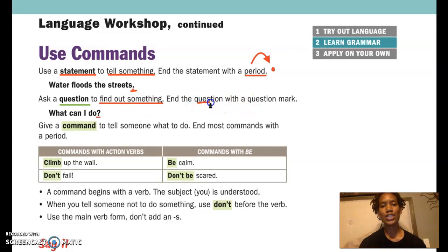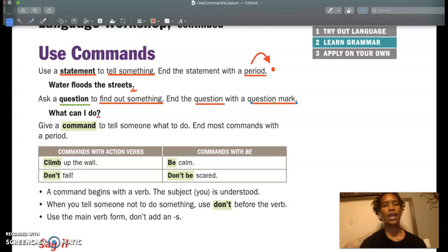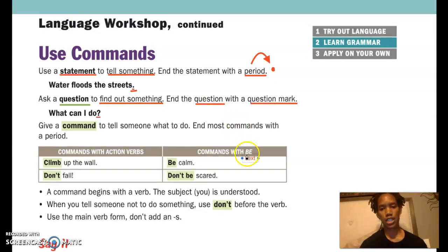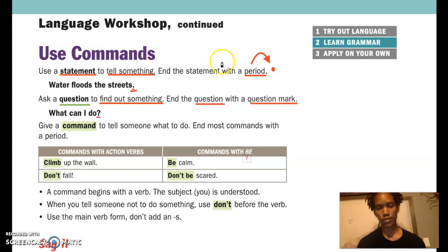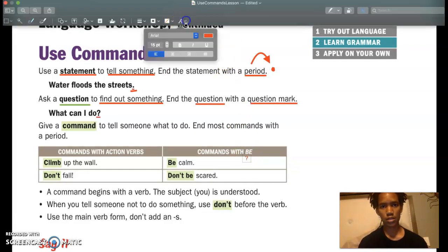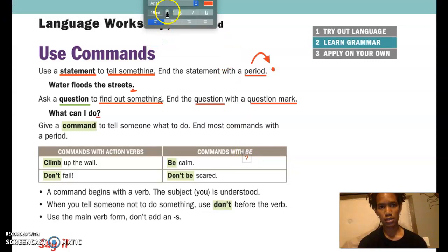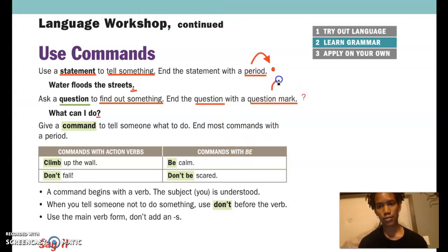And you end the question with a question mark, okay? And let's just get our text box, question mark. All right, this is a question mark.